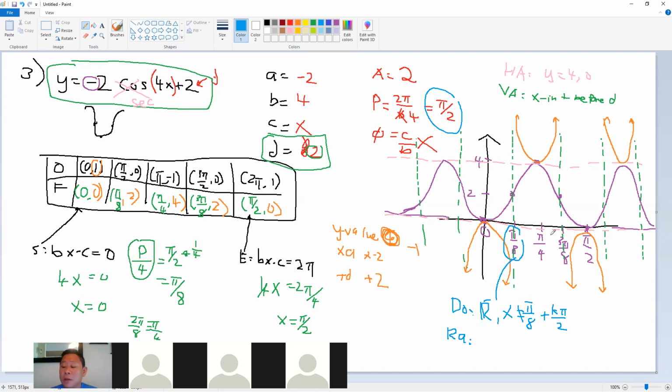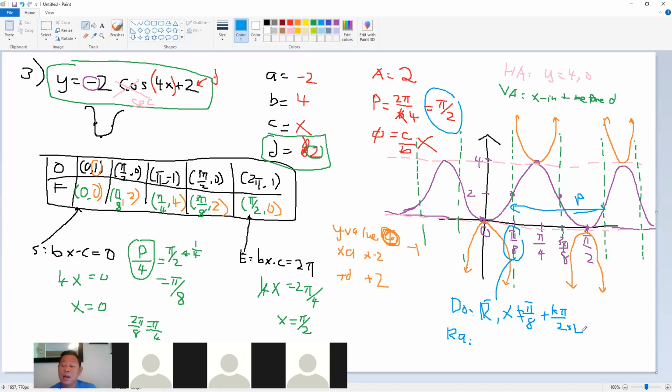Secant and cosecant cannot, because this is your period, from here to here. But if you watch carefully, it has another green line in the middle, so you need to include this. So what you do is take your denominator and multiply it by 2. This is for secant and cosecant.